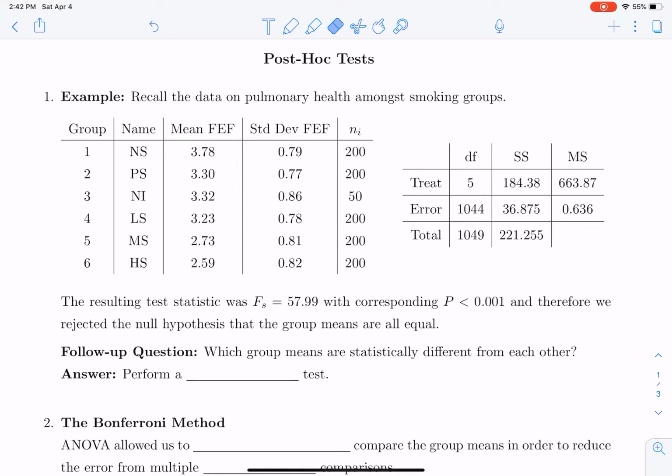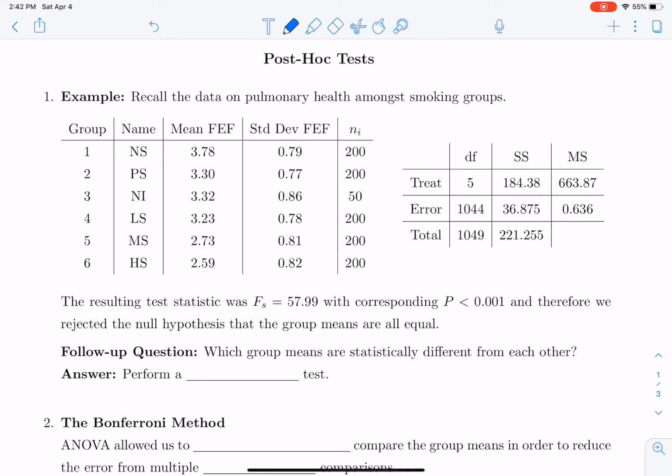And we were able to reject the null hypothesis that all the group means were equal. That meant that the alternative was at least one of the groups had a mean that was different from the others. But the question is, which group means are statistically different from each other?